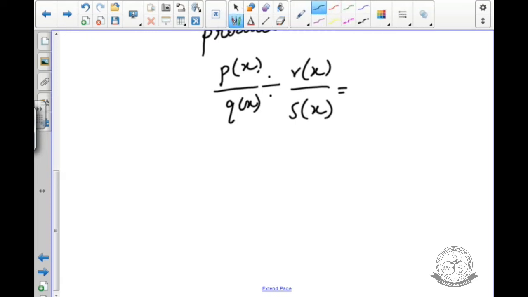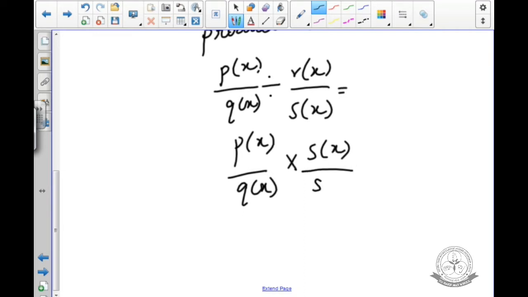The first expression P of x by Q of x is multiplied by the reciprocal of the second term. So here also, if the resulting expression is not in its lowest form, then reduce it to its lowest form.